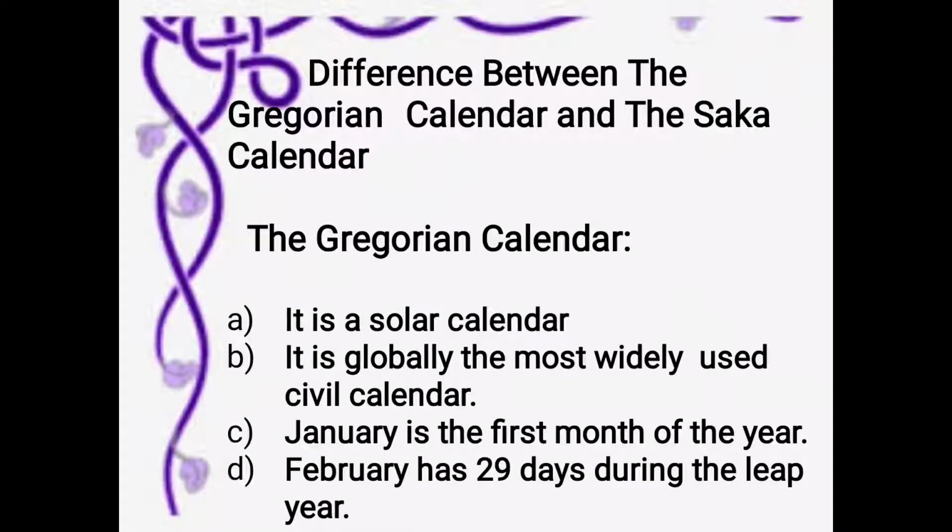January is the first month of the year and February has 29 days during the leap year. So these are the main characteristics of Gregorian calendar: it is a solar calendar, the most widely used calendar, January is the first month and February has 29 days.